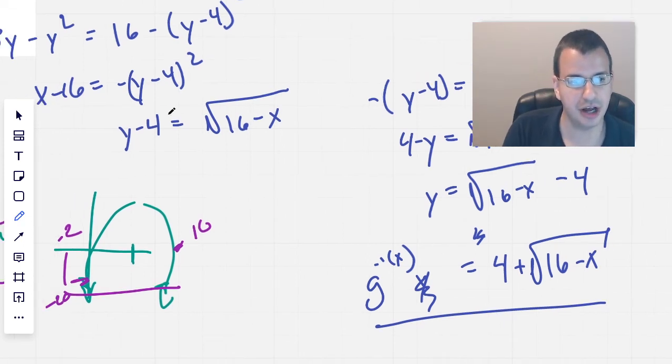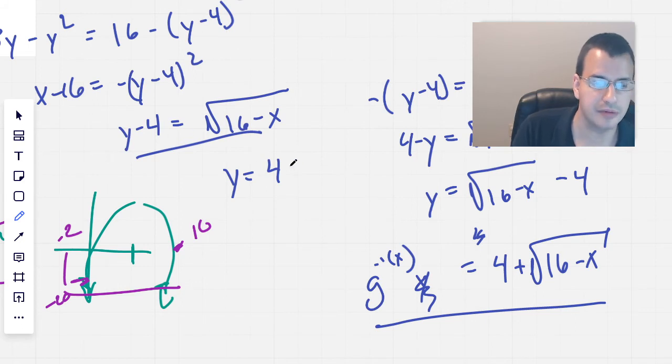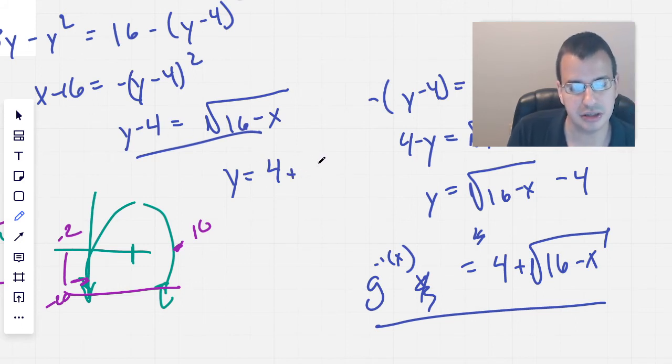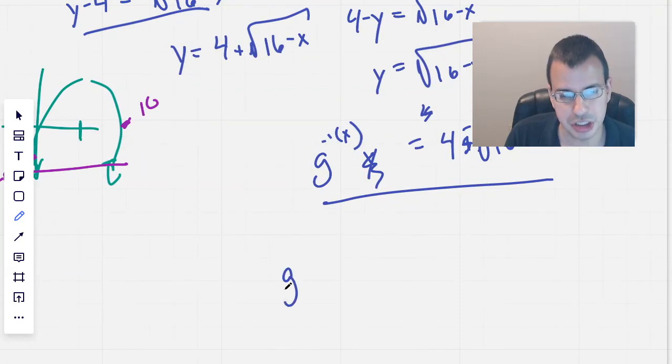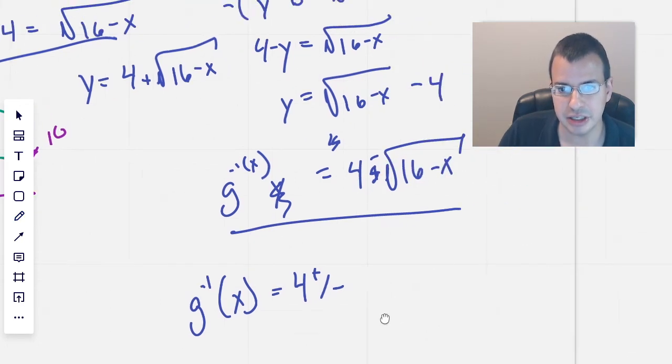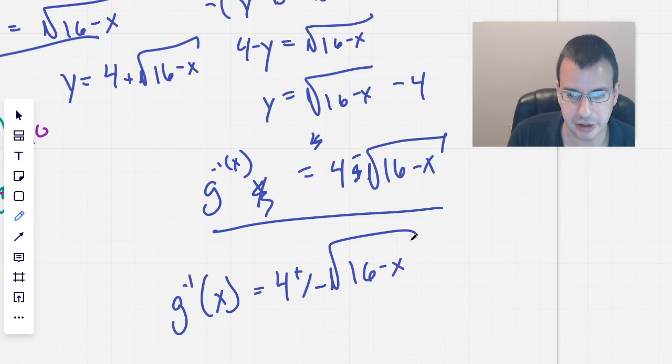And then when we do it the other way, with this one over here, we get something similar. Y equals 4 plus 16 minus x. I think I forgot a negative in there. Yep, that was supposed to be negative. There we go. Long story short, g inverse of x equals 4 plus or minus the square root of 16 minus x.